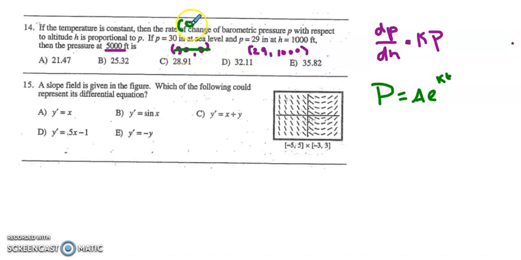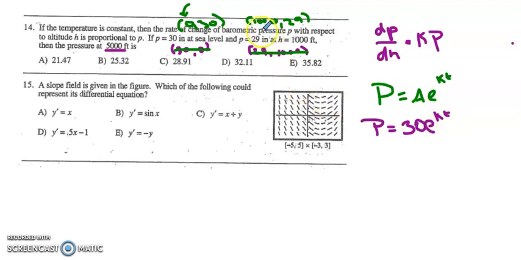Well, we have time equals 0, we have barometric pressure of 30, and not when time equals 0, when altitude is 0, whoops. And then when altitude is 1,000, we have barometric pressure of 29. So that means because when height or altitude is 0, barometric pressure is 30, we have our particular solution, well, we have the initial value of 30 right there, our A value of 30.